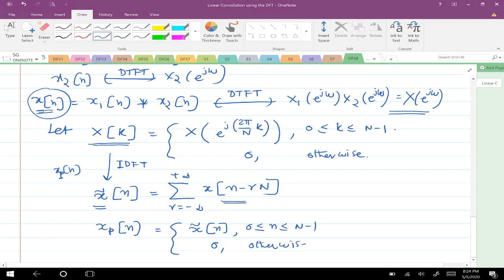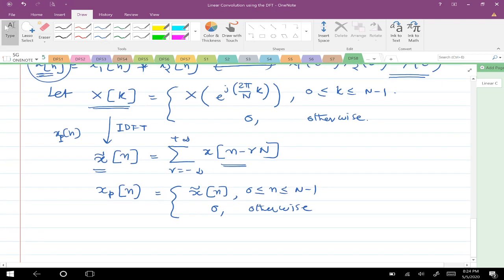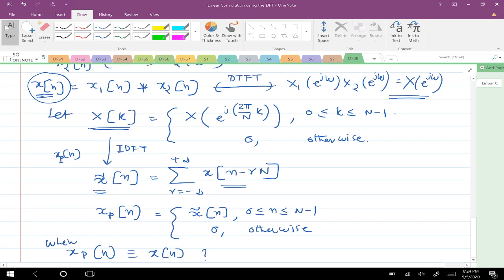So this question now boils down to when is xp of n equivalent to x of n. This is what we did in the second lecture back from now.